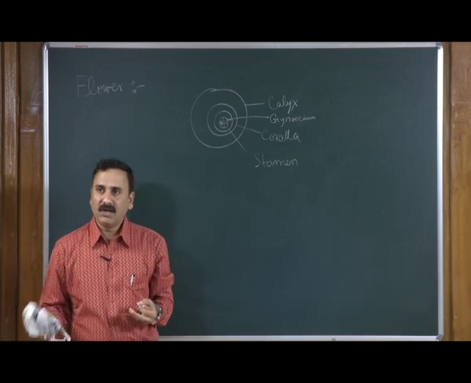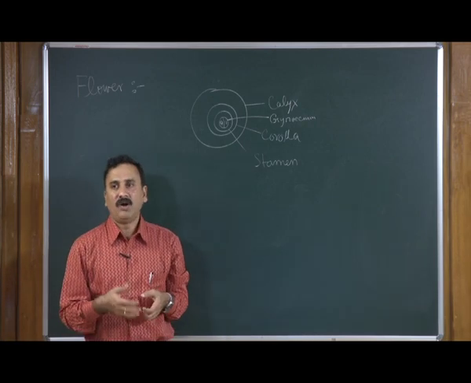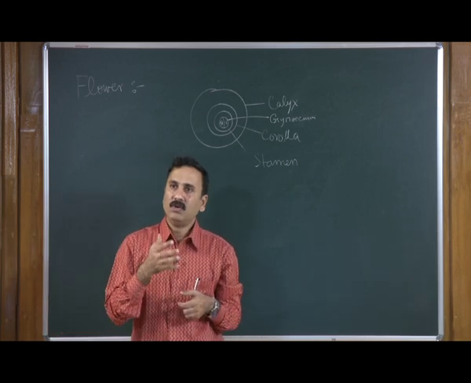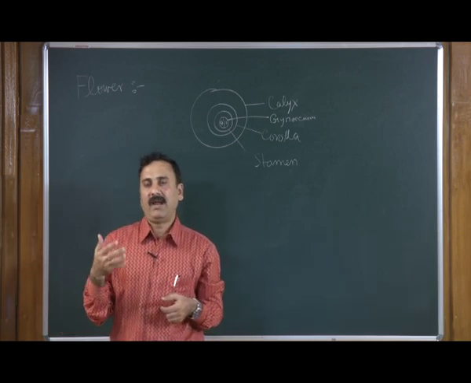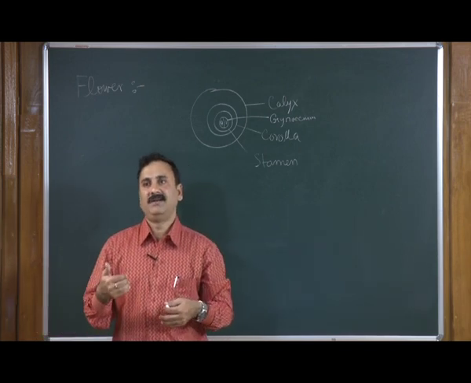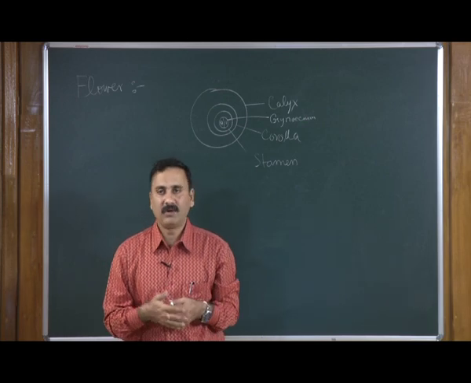So, for the study of taxonomy or for the study of different flowers, we normally use these two, the formula as well as the diagram, to represent the particular plant or flower, and that helps in getting the complete properties of that particular flower or the family.